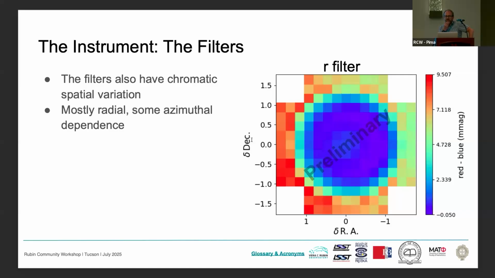The telecentricity should mean that there should not be a radial dependence on the wavelength shift through a dichroic filter if the dichroic filter is uniform.